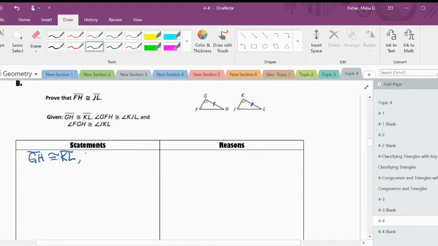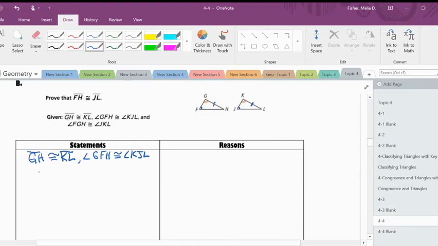The next thing is that angle GFH is congruent to angle KJL. GFH is this angle right here, and KJL is this angle right here. So that was marked for me as well.